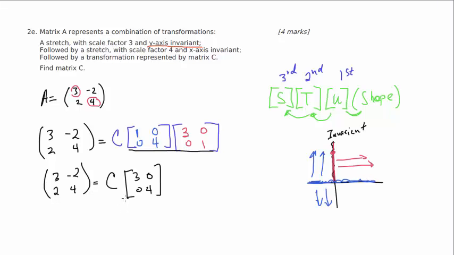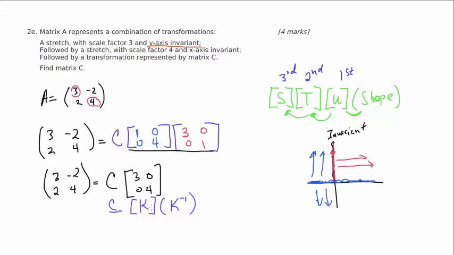And to find C then, we want to multiply with the inverse of this matrix, which, for the sake of what we're talking about, let's call this matrix K. And so I need to multiply matrix K by its inverse so that we can get C by itself.